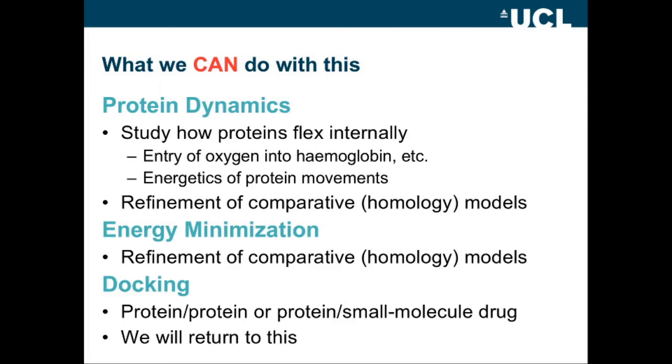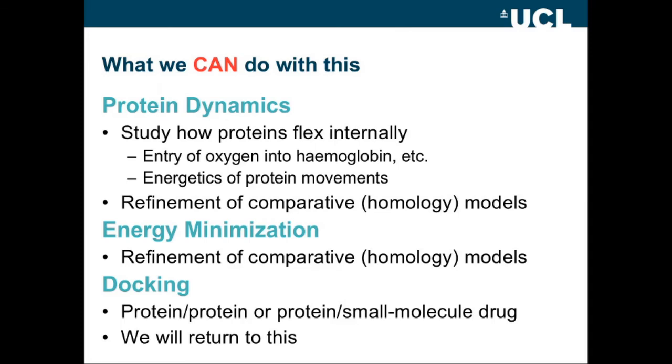So in the case of energy minimization, what we're trying to do is find a global energy minimum. You can think of that a bit like cooling a protein down to absolute zero, the conformation it would then adopt. Now, the problem with energy minimization is that you can visualize the energy as a surface in multiple dimensions.